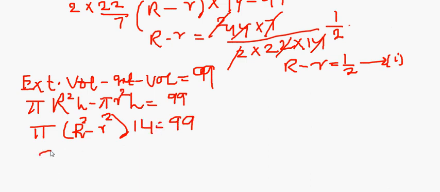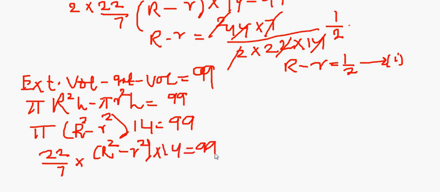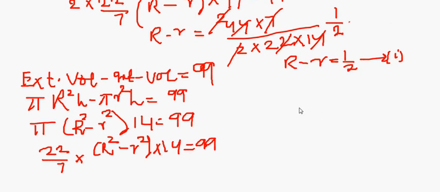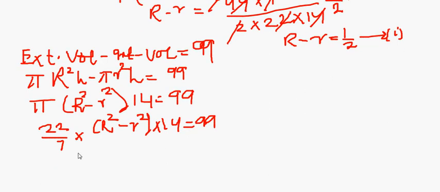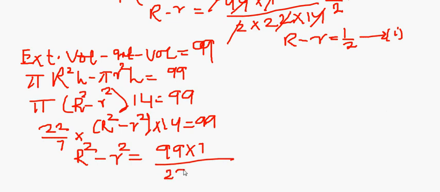So I'm getting 22 by 7 into R square minus r square multiplied to 14 as 99. And if I continue with it, I will be getting capital R square minus small r square as 99 multiplied to 7 by 22 into 14.